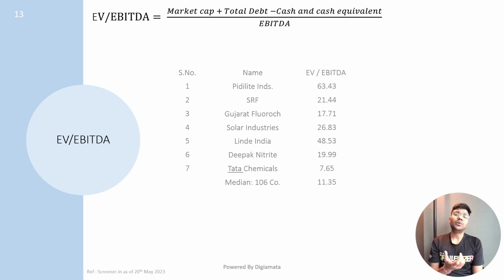Then you can look around and see the growth and whatnot. So these are the things you have to keep in account. The action point here is to see if your EV by EBITDA is around the industrial median or not. And if it is way lower than that, that's a good thing, considering the fundamentals of the company are strong. Then you have found your value stock, a stock at a bargain.